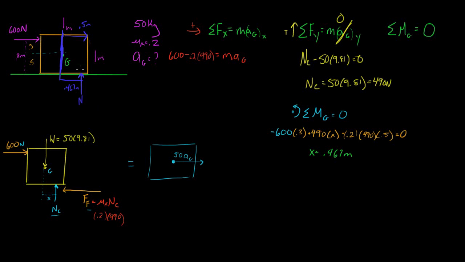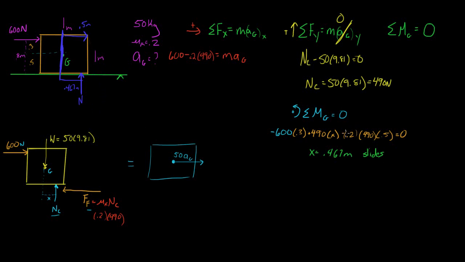If our normal force was, say, acting at 0.6 meters away, well, it can't, because our box doesn't extend that far. So we'd have to rework the problem, and we'd have to use a normal force that is right at 0.5 meters. But we don't need to worry about that for this problem, because this x is less than 0.5 meters, which means it occurs on the box, and that means that the box slides.